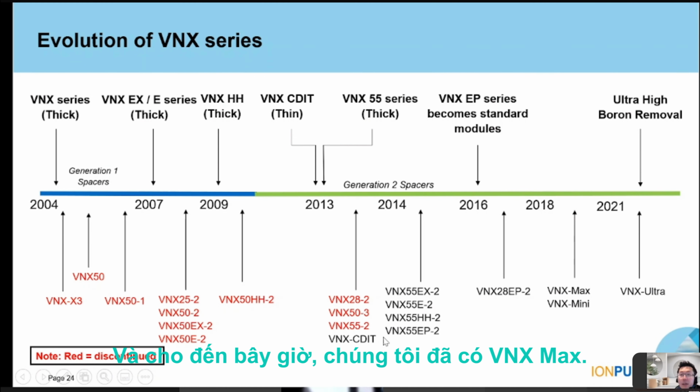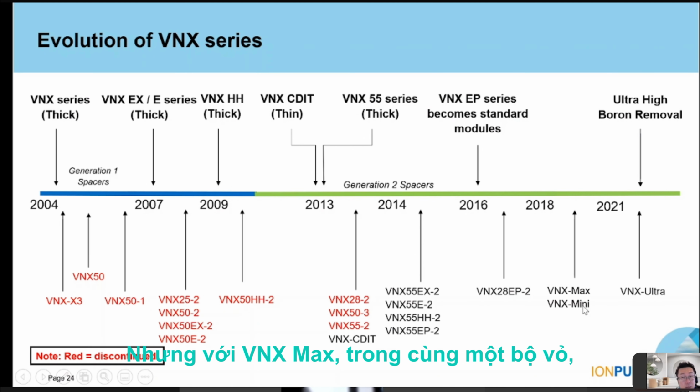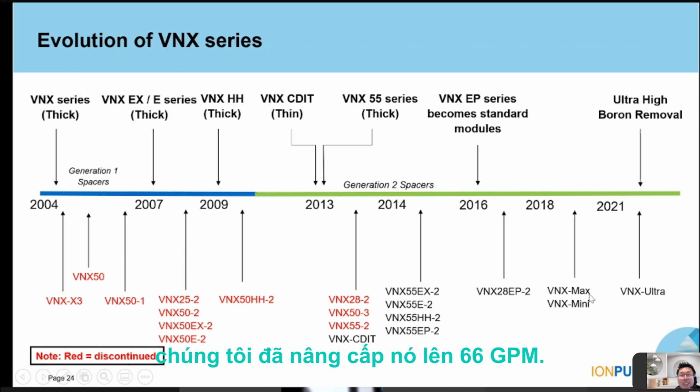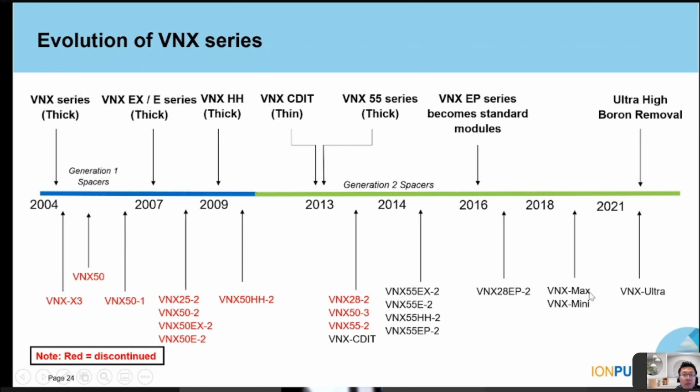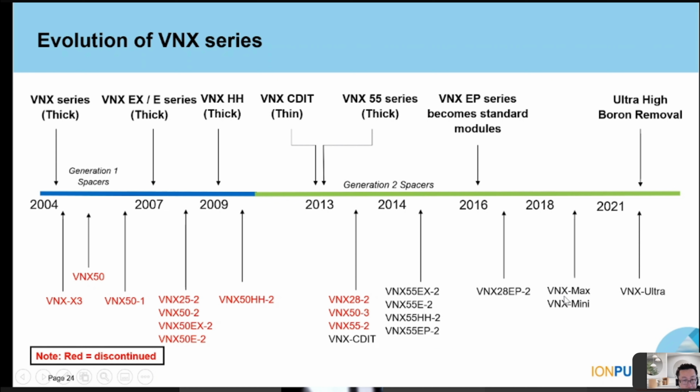Until now we have the VNX Max. There is no number here, unfortunately. But for VNX Max, in the same housing itself, it went to 66 GPM. So from 2004 to 2023, we improved it from 50 to 55 to 66 GPM.